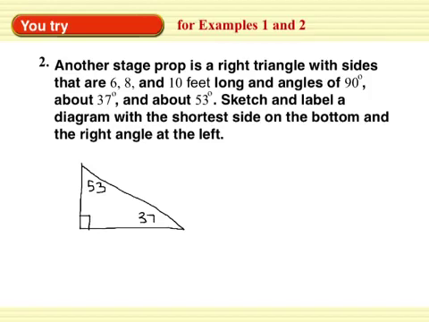Sketch and label a diagram with the shortest side on the bottom and the right angle at the left. Let's try this again. I should read the whole thing before I start.